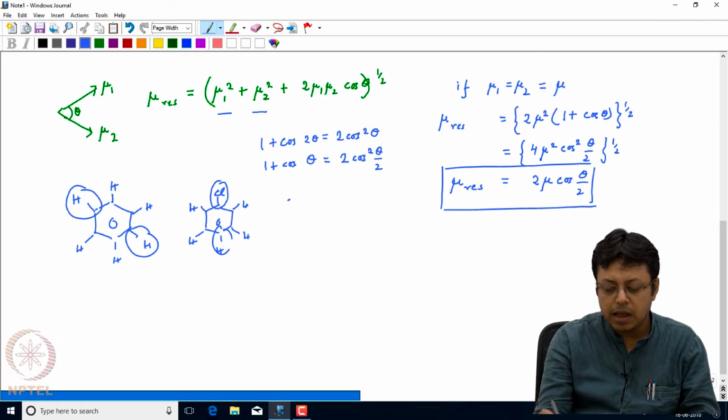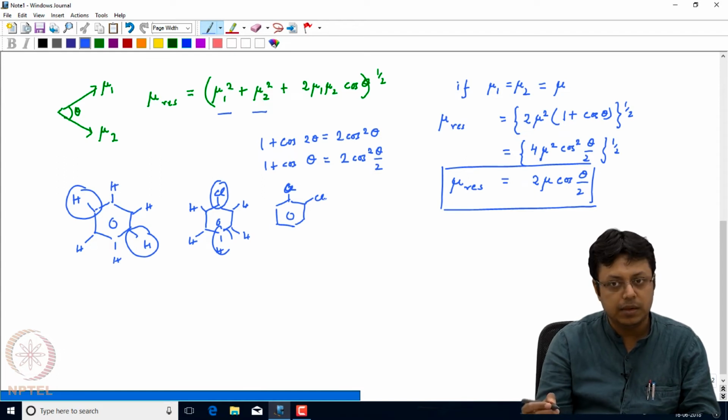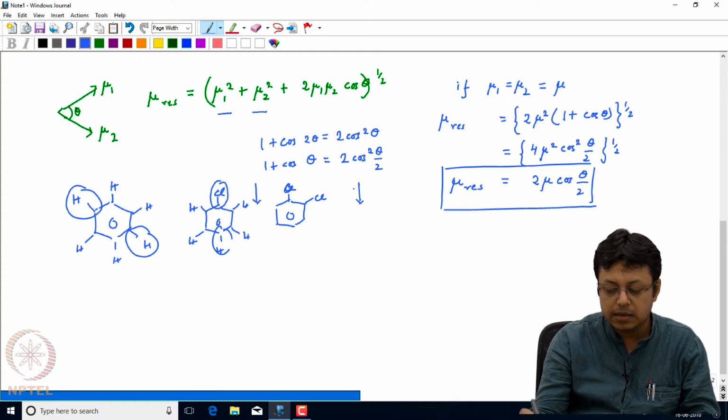But similarly, if we have dichlorobenzene, say ortho substituted dichlorobenzene, you can think of it as if it has the dipole moments of two chlorobenzene molecules. For chlorobenzene the dipole moment direction will be like this, because chlorine is more electronegative and our choice is from negative to the positive end, and we get the resultant dipole moment along this direction.